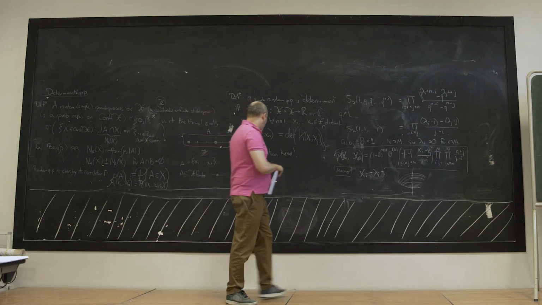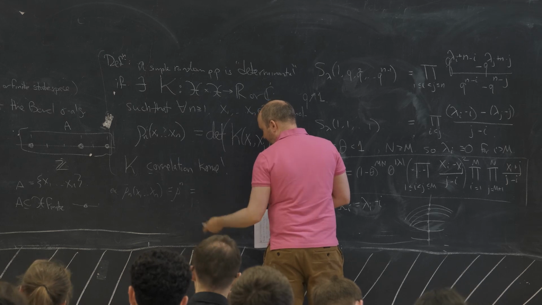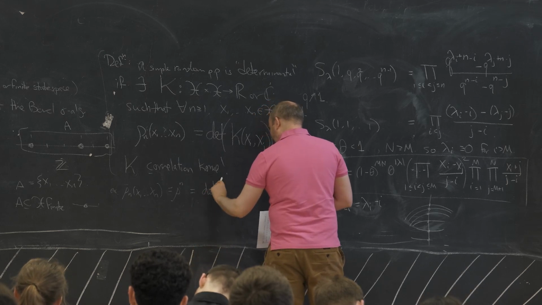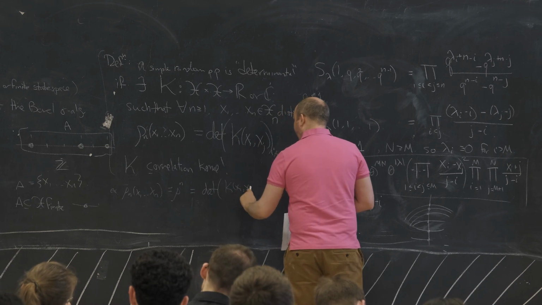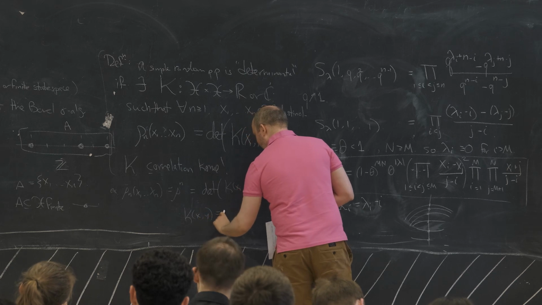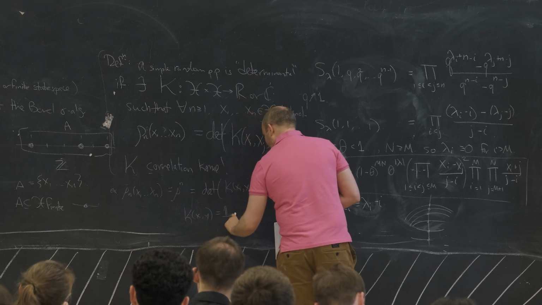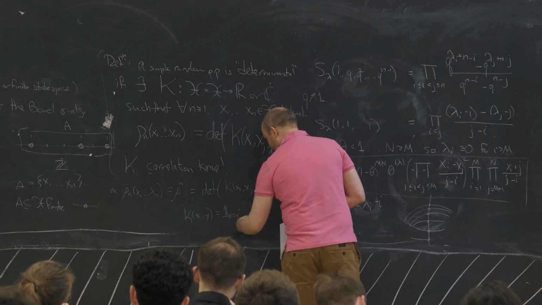Now, this is kind of an odd way of writing it, but you can write this as the determinant of k(xi, xj), where k(x, y) is equal to the diagonal matrix with rho on the diagonal. Sorry, that should be rho.